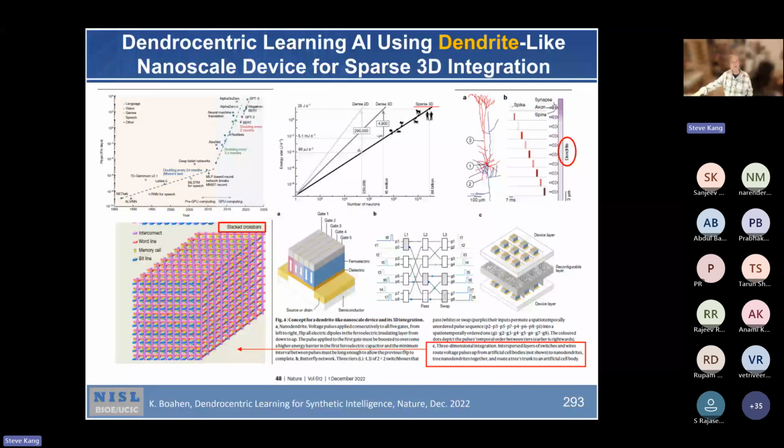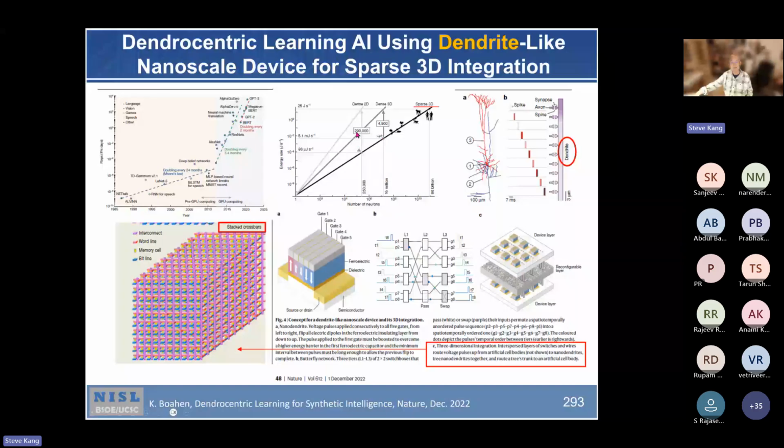Dendrocentric learning: AI using dendrite-like nanoscale devices for sparse 3D integration. For instance, the human brain has hundreds of billions of neurons. If you use dense 2D or dense 3D, you don't quite get that. You cannot achieve this energy level.